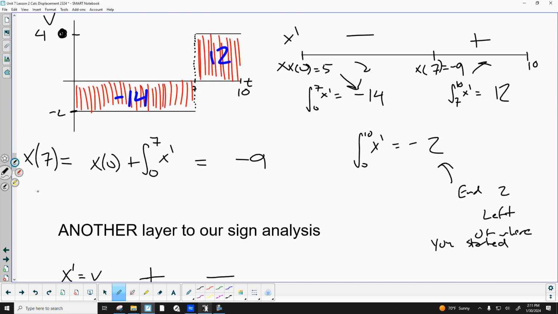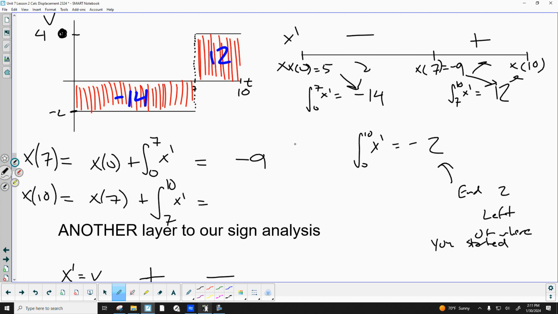I start at my position of negative 9 at 7. I add how much I increase to that value, and I'll get a position where I end. And this is, my friends, the next layer of our sign analysis: understanding, based on accumulating your derivatives, how far we're increasing or decreasing.